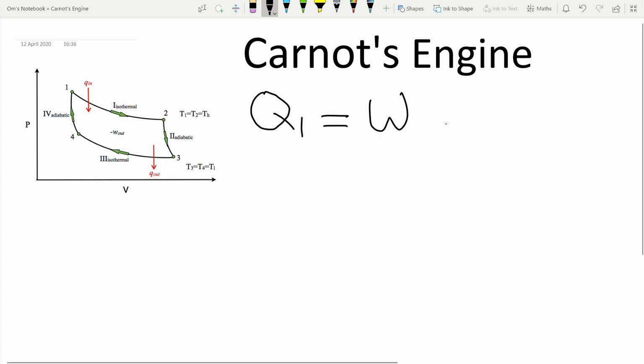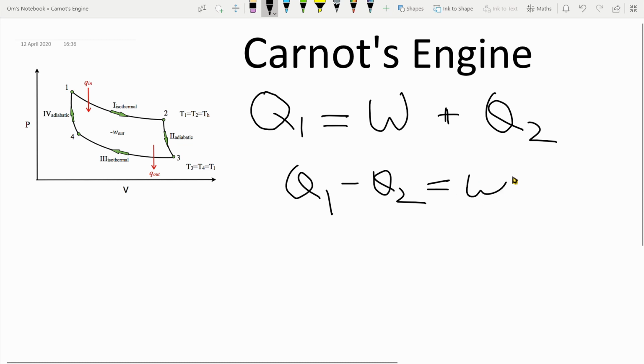The rest of the heat that is being released has to follow the first law of thermodynamics. This heat I'll let be Q2. So I can say that the work this Carnot engine does is Q1 minus Q2, which is equal to the work done. And this is generally true for any engine.